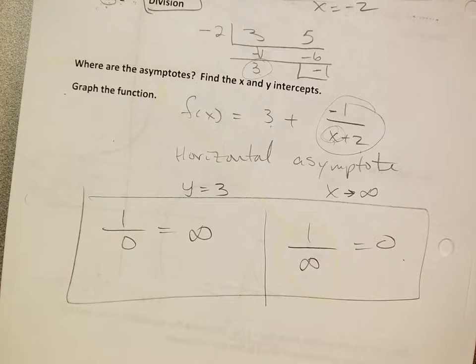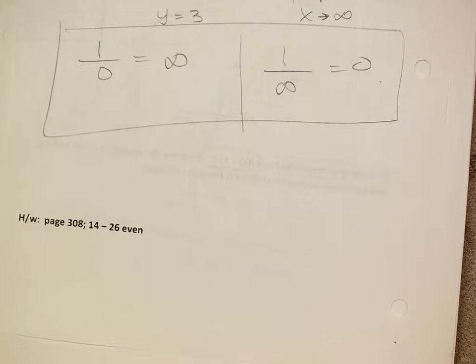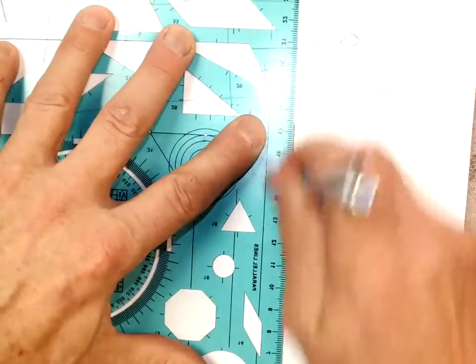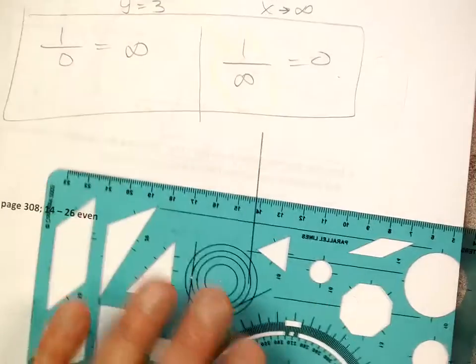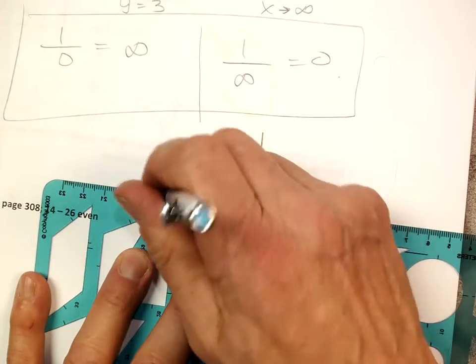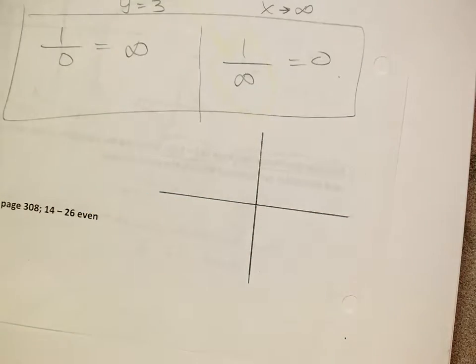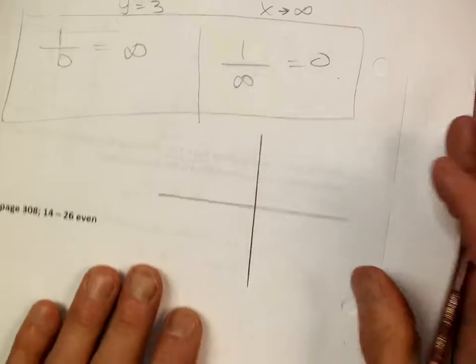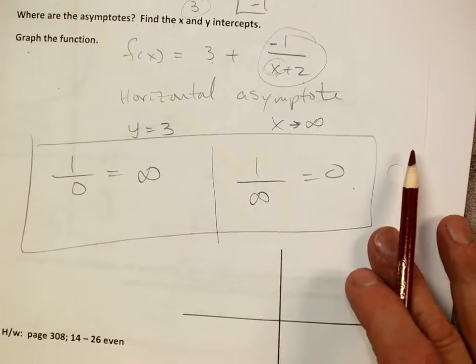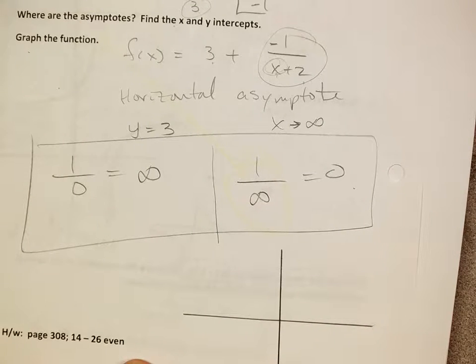So graph the function. If I graph this function, let me get out a ruler here. Let's put down what we know. I could put it on my calculator, but I'm going to do it without a calculator because, you know, we're smart, right? So on this graph, I'm going to have a horizontal asymptote at 3, right? 1, 2, 3.